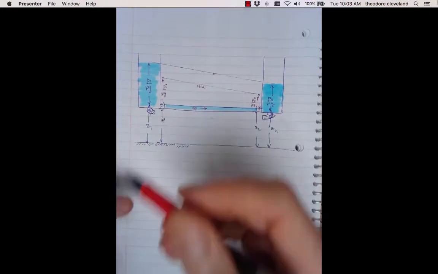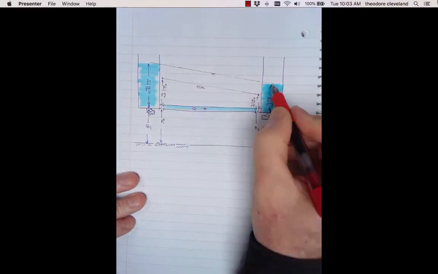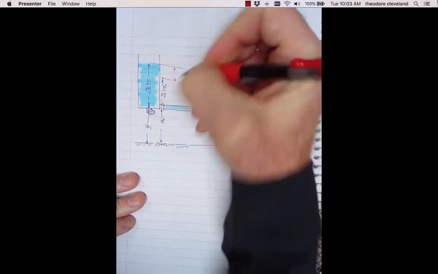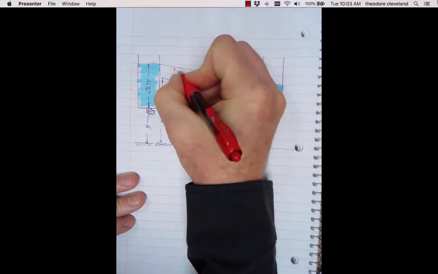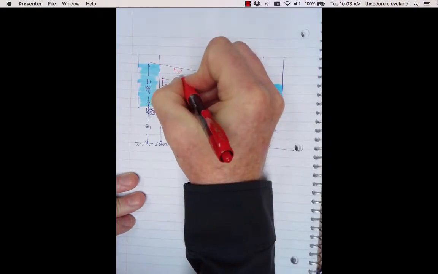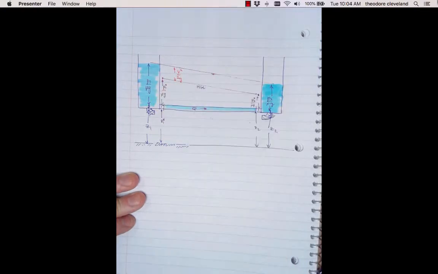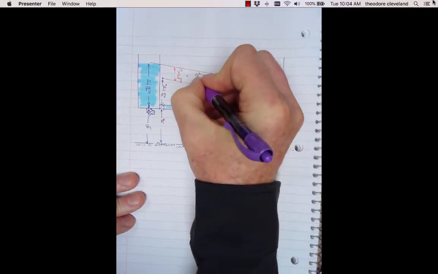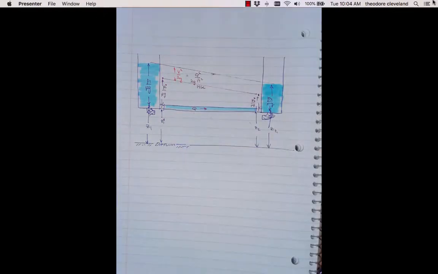Well, you'll notice that at the two reservoirs, the total head's quite a bit bigger, and the difference between the two is the V squared over 2G, which in this particular diagram is Q squared over 2G times A squared. So that's our first introduction to energy.